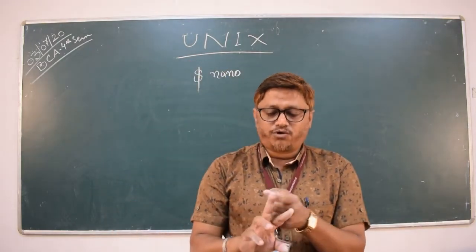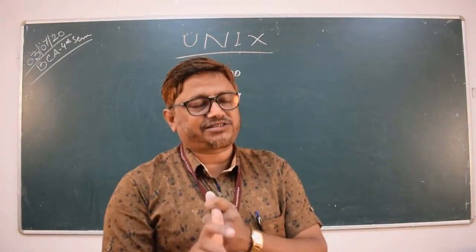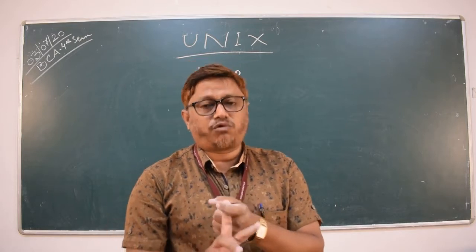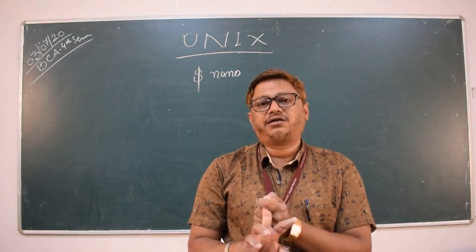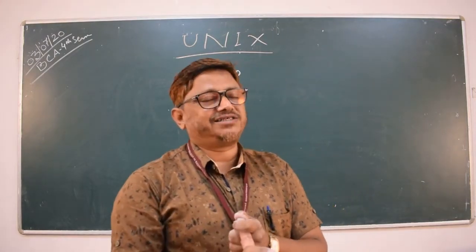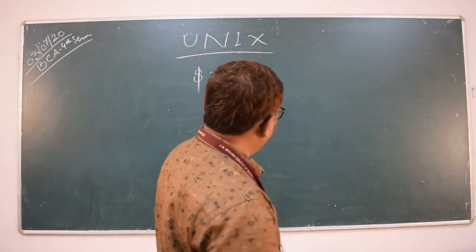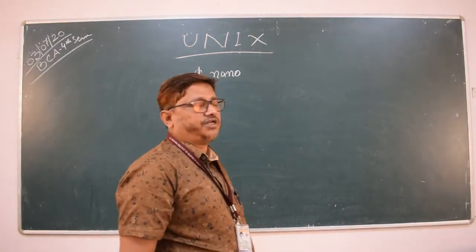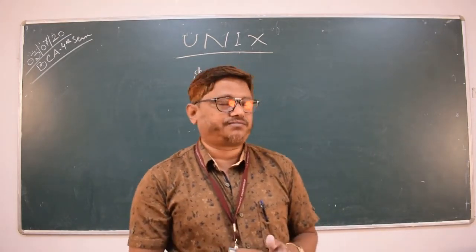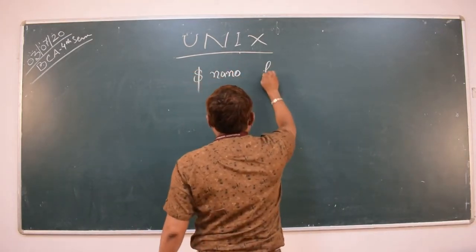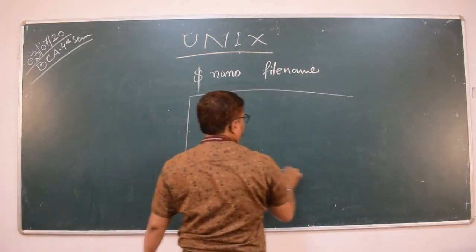The difference is that Notepad supports only text, but WordPad also supports pictures, color and bullets, which are not available in Notepad. Nano is an editor of Unix to edit a file after creating it with the cat command. Type nano file name, then the Nano editor will open.